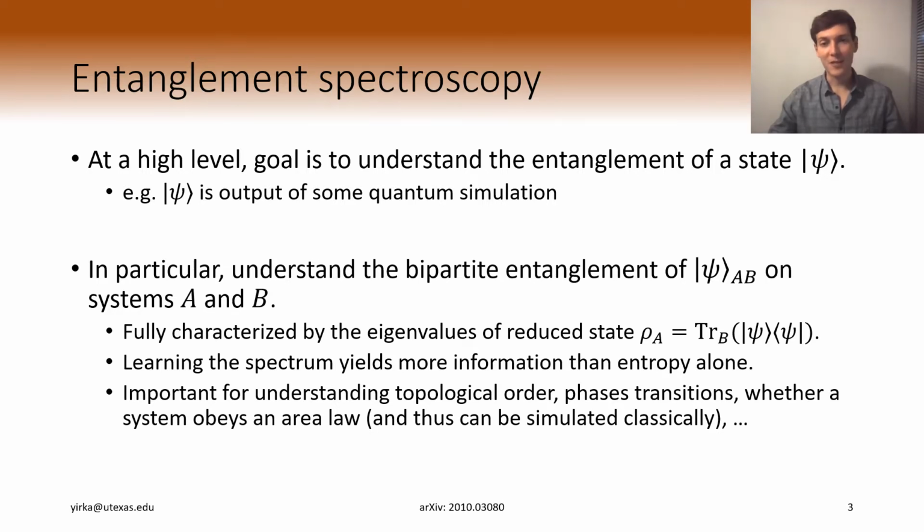In particular, we're interested in bipartite quantum states across subsystems A and B. In this case, the entanglement structure is fully characterized by the eigenvalues of the reduced state, rho A, where we trace out subsystem B. Importantly, learning the entire set of eigenvalues yields more information than learning just the entropy alone. And learning about the bipartite entanglement is important for physical applications such as understanding the topological order, phase transitions, or whether a system obeys area laws, among others.